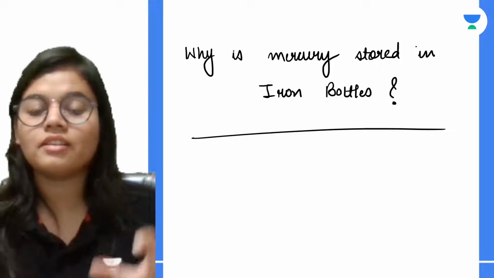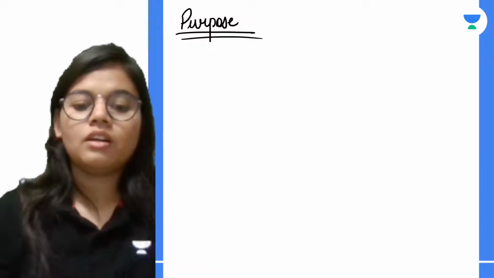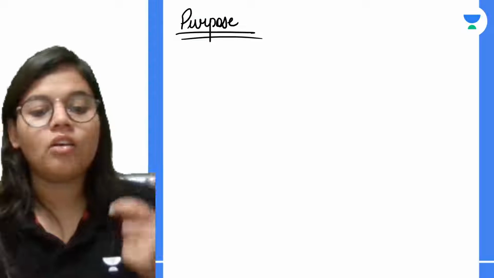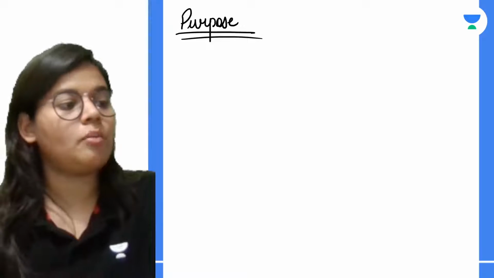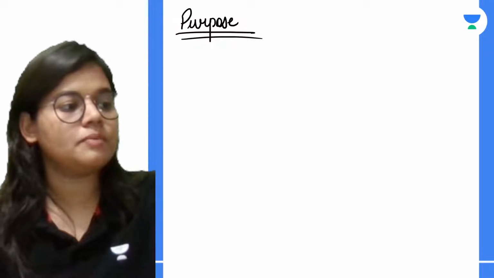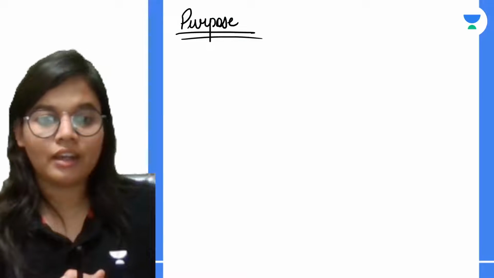Now students, we know what is an alloy, but what is the reason? Let us discuss the reasons to make the alloy in detail. So let's go for the purpose. Basically, the biggest reason for making an alloy is that we need a change in the properties of the elements.